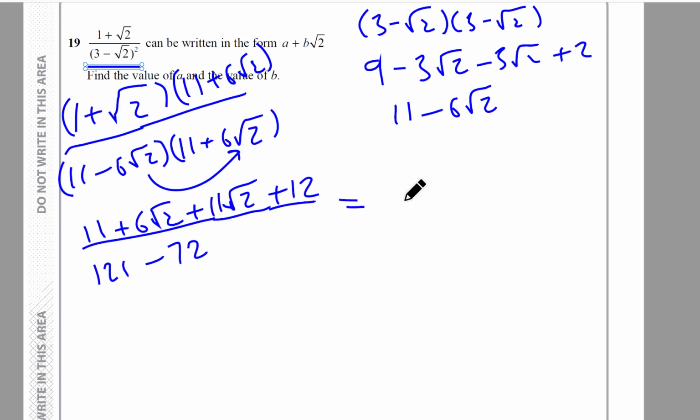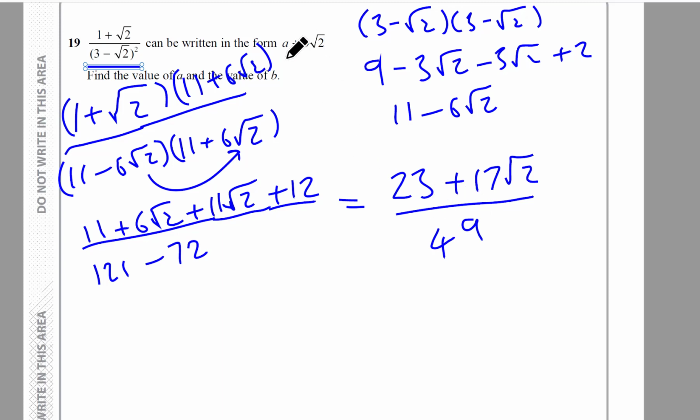Let's simplify that. So we're going to get 23 plus 17 root 2, all over 49.